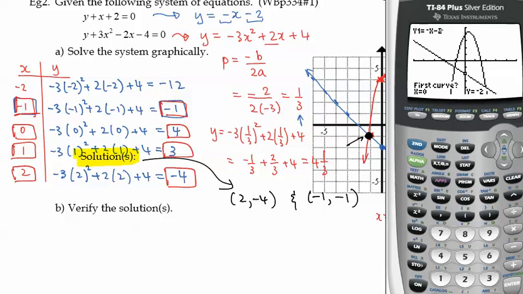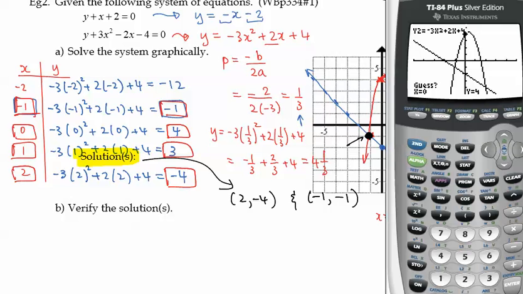Is this equation up here, negative x minus 2, the first equation you want to work with? Press enter for yes. And now, do you want to use the second equation to be your second curve? If this is the right equation you want to use, press enter.